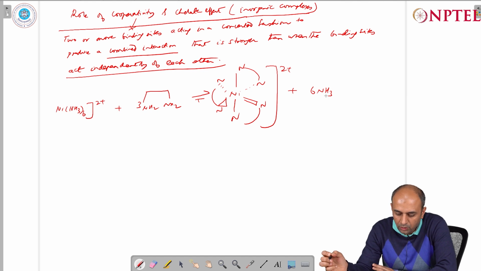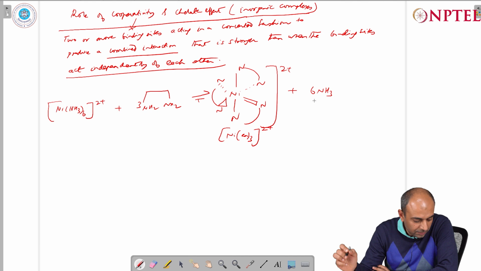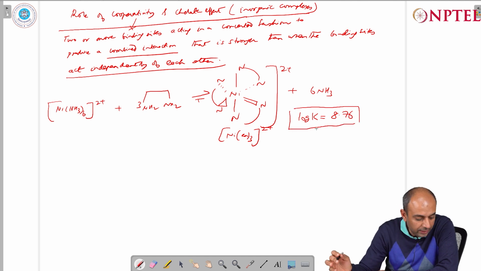We start with a nickel hexammine complex, with ammonia, and now we take 3 equivalents of ethylene diamine, which now forms the Ni tris ethylene diamine complex and 6 molecules of water. The log K value is 8.76. That means the equilibrium constant for this process is around 10 to the power 9. That means the complex on the right hand side is 10 to the power 9 times more stable than the complex on the left hand side.